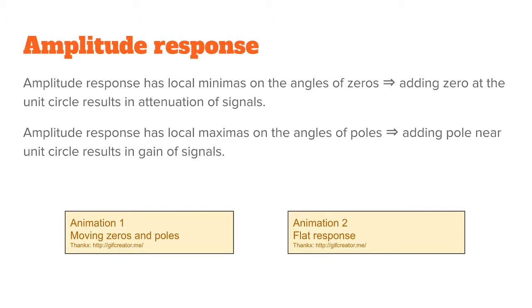So we can already start designing digital filters. Poles we can use to add some gain. If the denominator gets smaller, then this one gets higher, right? So we can actually have these angles.